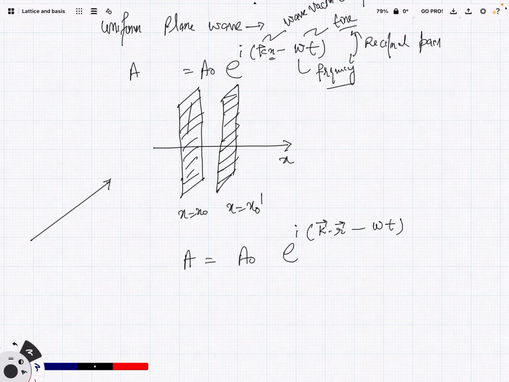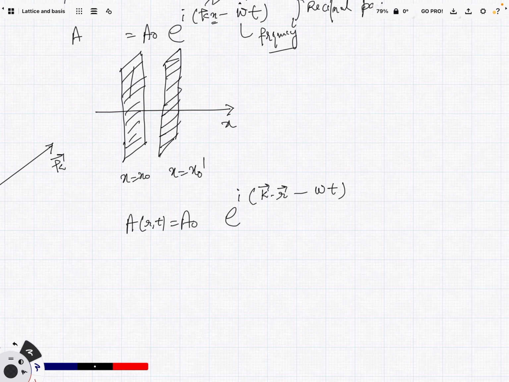The direction of propagation of the wave is given by the k vector. This r is not the direction of propagation, because this is a function of r comma t; you are varying r. So k defines the direction of propagation of the wave, right?